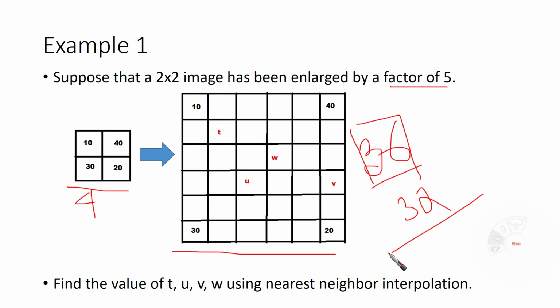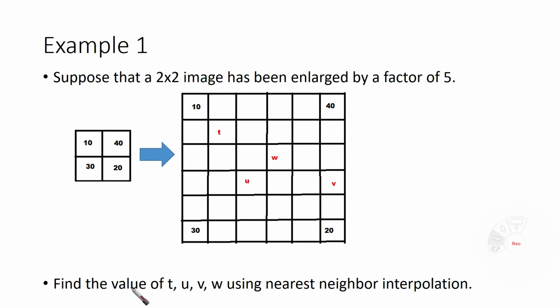In this example it says to find the values of T, U, V and W using nearest neighbor interpolation. There are many interpolation techniques, but this problem says to use nearest neighbor interpolation to find the values of T, U, V and W. And of course, if we can find these values, we can find the other values in the same way.